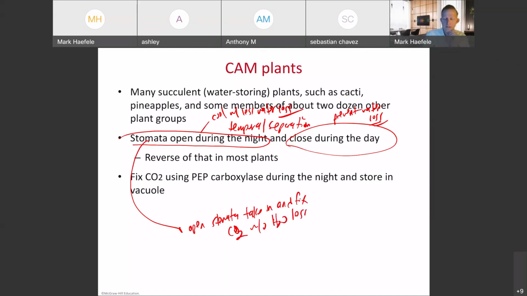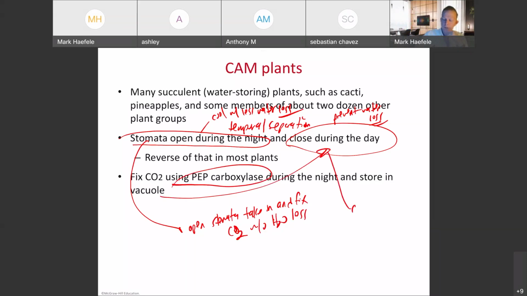They're going to fix their CO2 using, again, PEP carboxylase, and they're going to store that 4-carbon molecule, the product, in one of their vacuoles. So they're taking in as much CO2 as possible at night without water loss, and storing it all up.